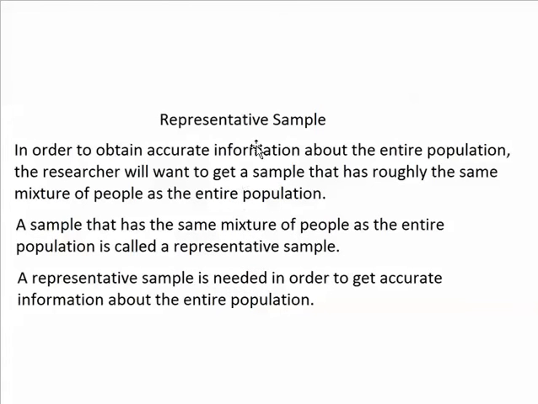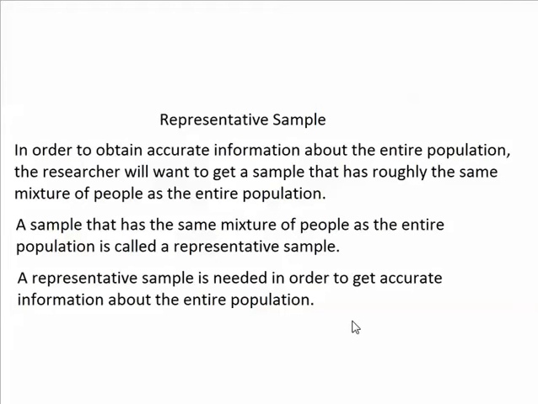For example, if I know that the entire population is 40% Republican and 60% Democrat, I'll want my sample to also be 40% Republican and 60% Democrat. I'll want my sample mixture to be the same as the population mixture so that I'll reach an accurate conclusion about who's likely to win the election.